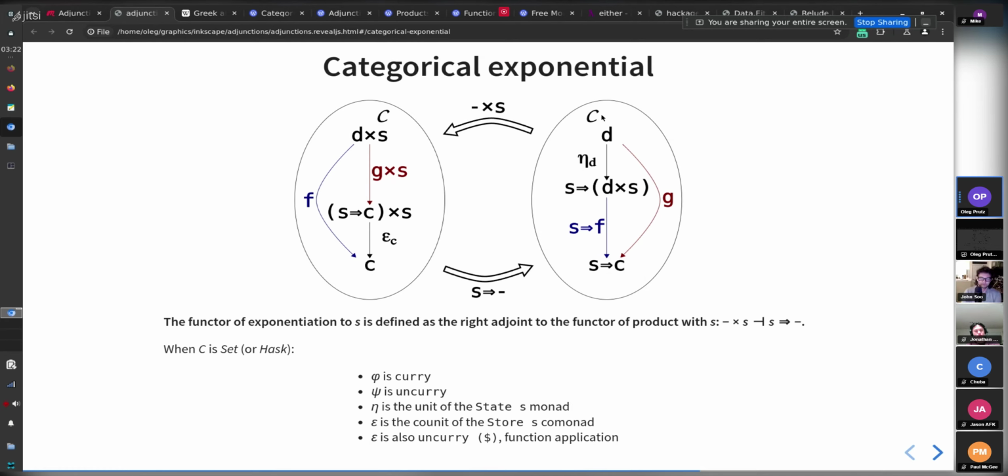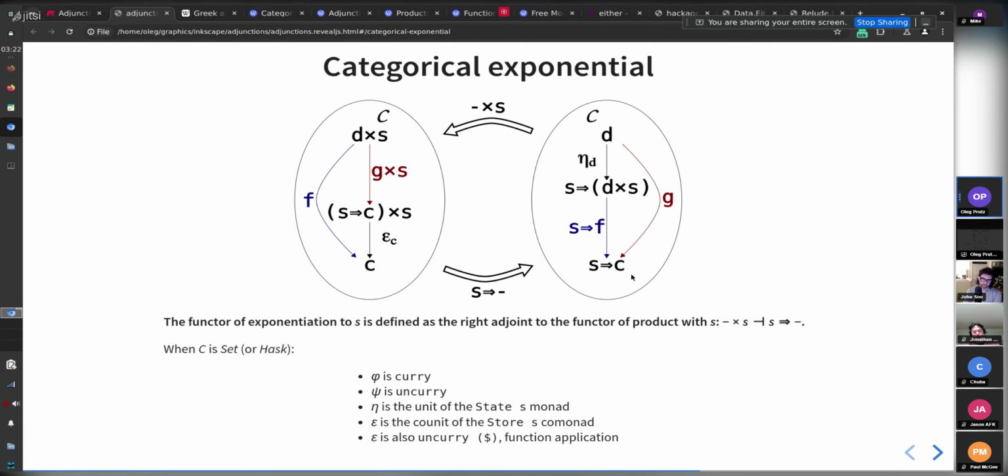Let's start with C being Set. So this object is meant to be isomorphic to an object in Set, right? So exponentials in Set are meant to be isomorphic to hom sets.